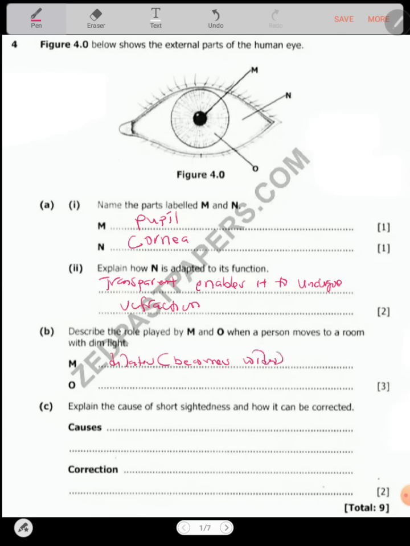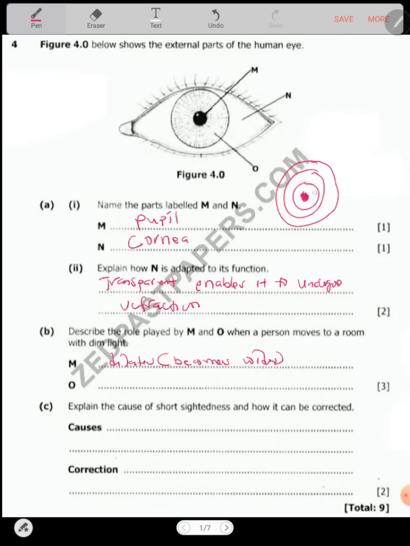O has got muscles, the circular muscles and the radial muscles. Let me draw a structure for you so that you can know it. We have muscles which are round, these are called circular. Let me call this one the pupil.